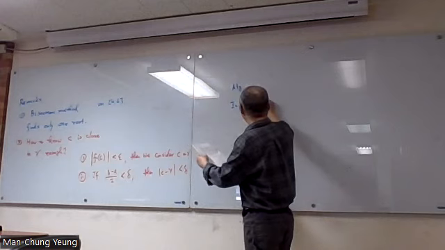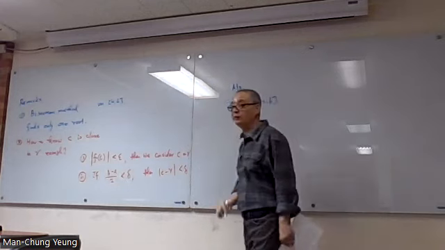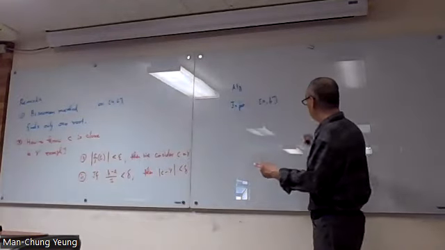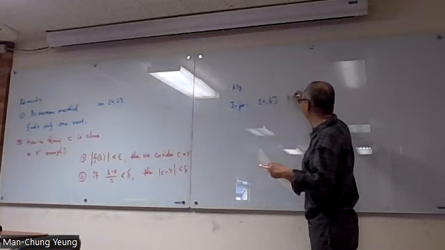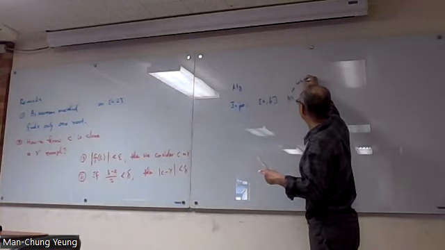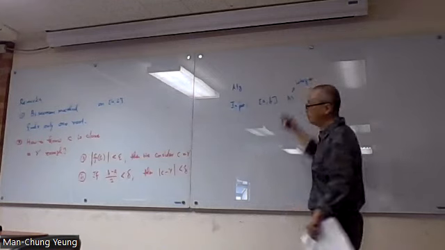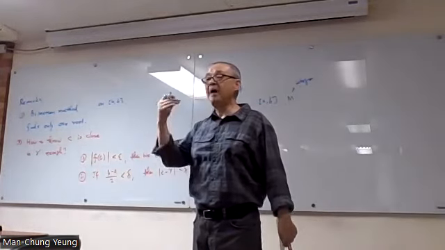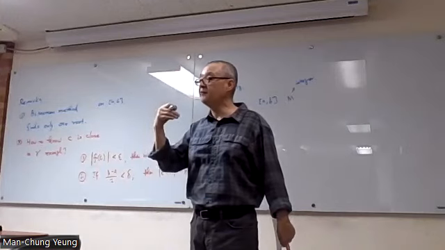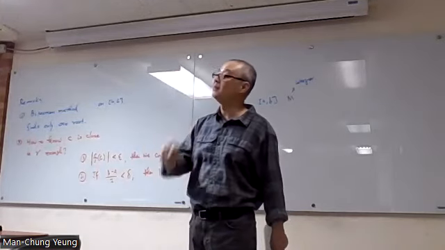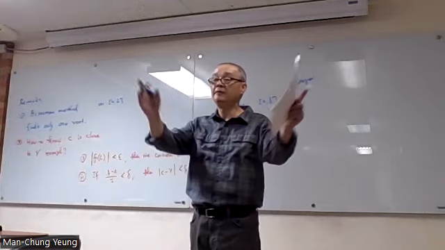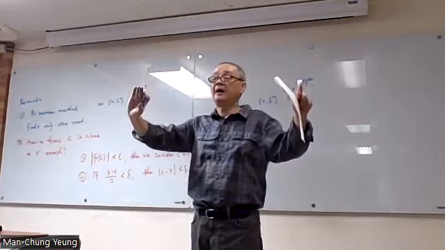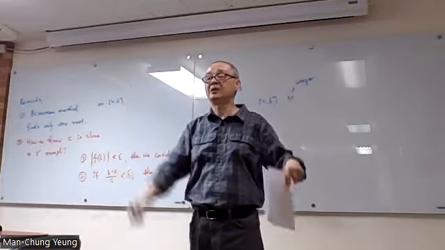What input? Input the interval, since I want to find a root between A and B. Also input an integer M, say 100. What is M? The maximum number of steps we want to run the bisection method. We don't want to run it forever. After M steps, I stop the algorithm.